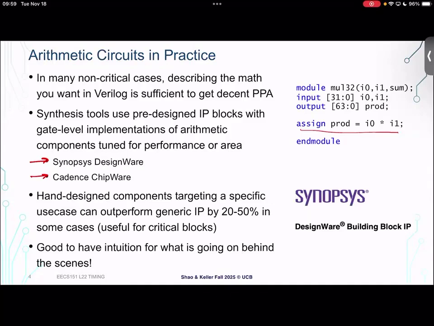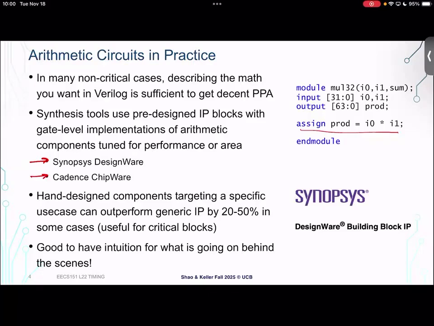Are we asking for a fast one, or does it not need to be that fast? Then they have a table, and they say, okay, let's implement a prefix lookahead adder because this one needs to be fast. They put in those gates and then they synthesize it.